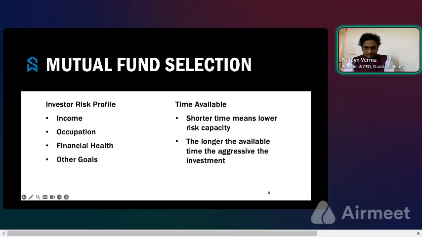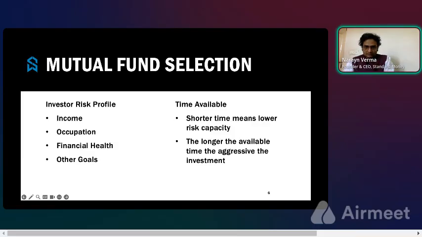So how we are going to use this information in selecting mutual funds. Once we have this, we can go ahead and start selecting mutual funds based on their different risk profiles, and we'll create a portfolio which adheres to your risk profile as an investor.